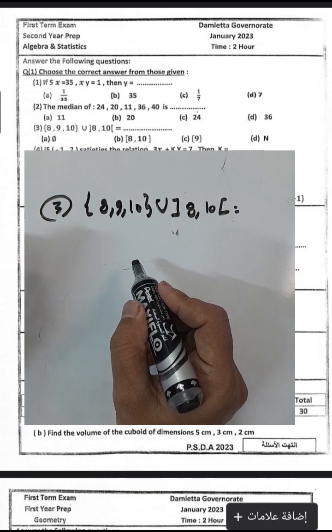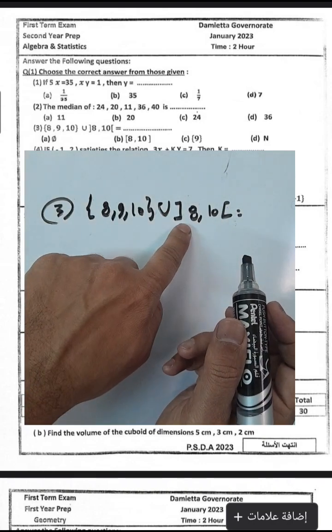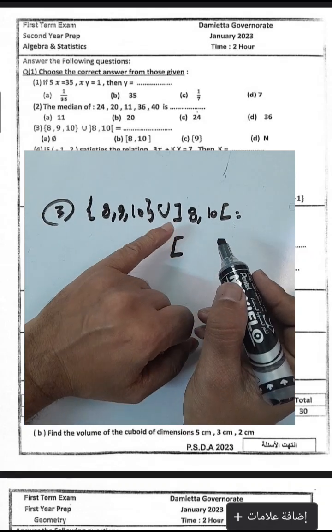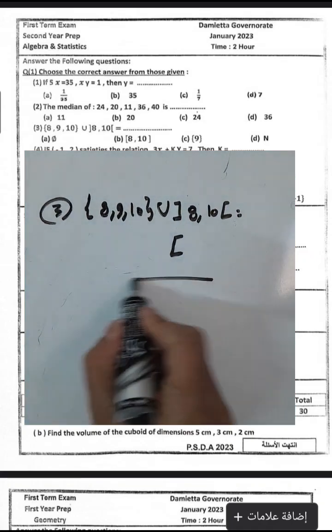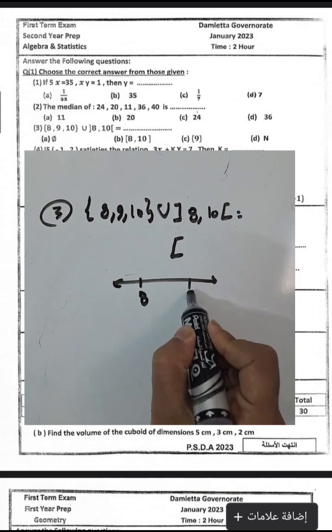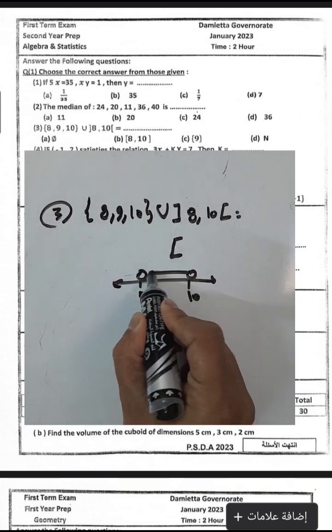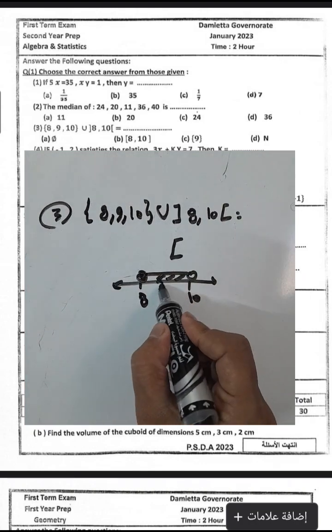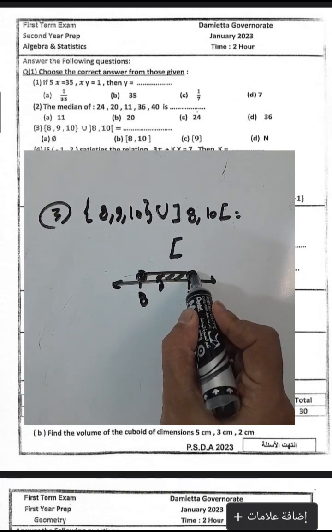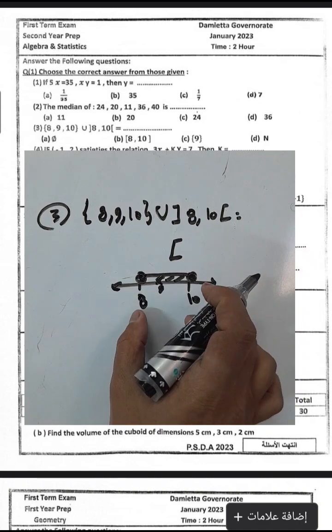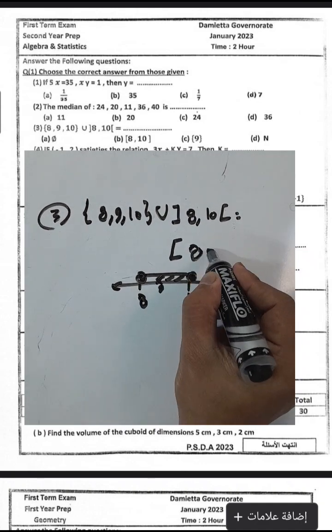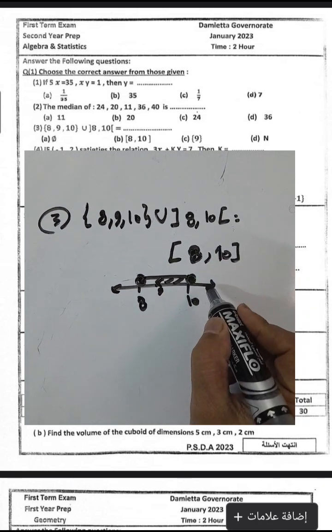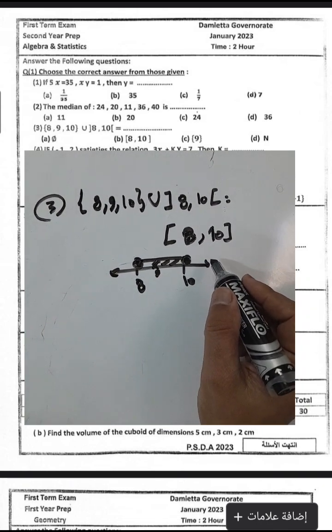We must add the point 8 here and close this interval, because we have the 8 and 10 interval in the number line. If we put 8 here it will be closed, and 9 and 10 here, then we will close 8 and 10, so the interval from 8 to 10 will be closed. Choose letter B.